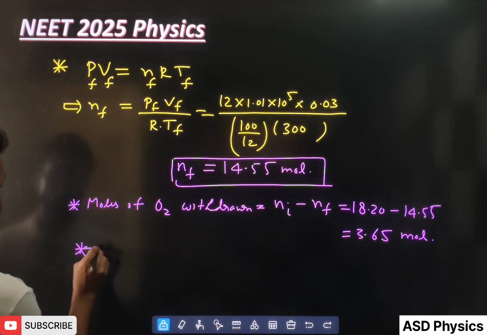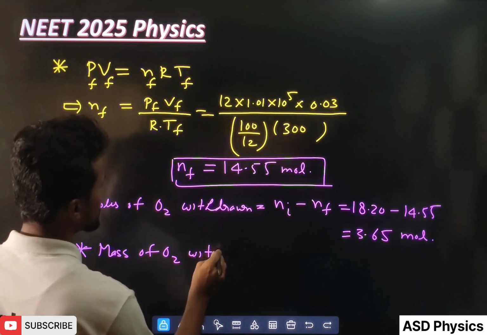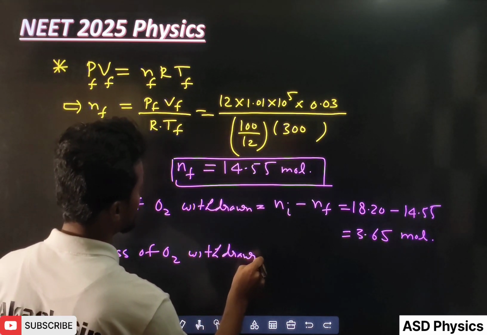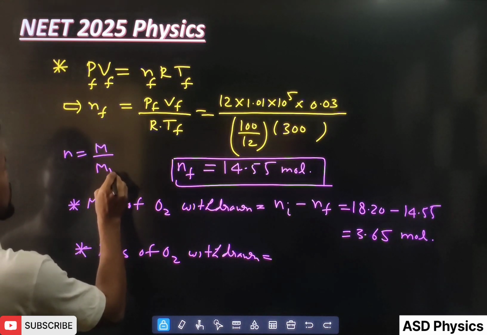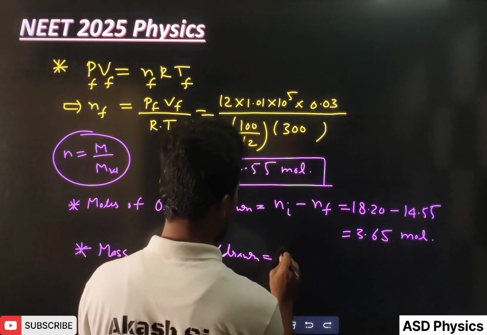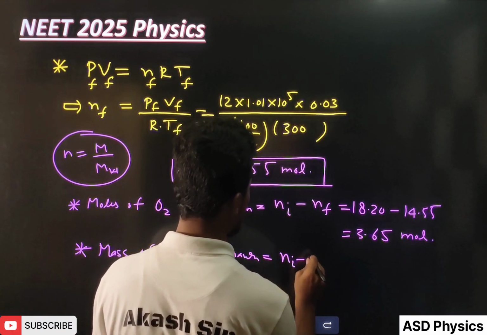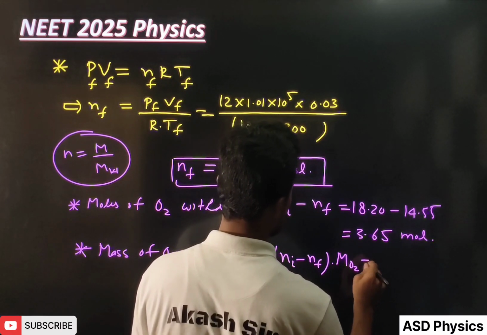So if I write the mass of oxygen withdrawn here, what is this, students? You know very well, N equal to mass by molecular weight. In the same way, we can write this Ni minus Nf, this number of moles withdrawn, into the molar mass of oxygen.